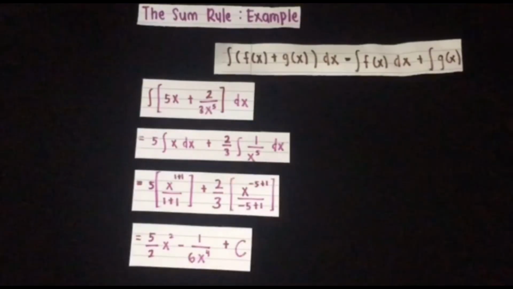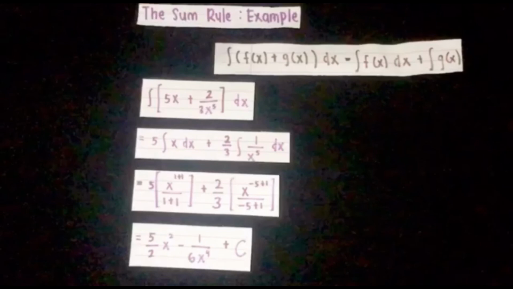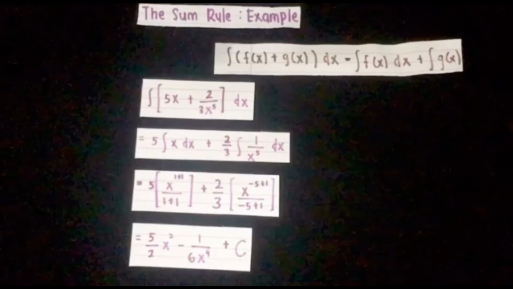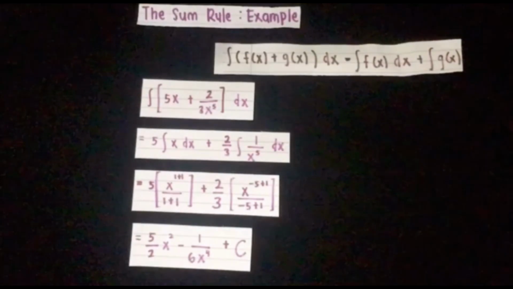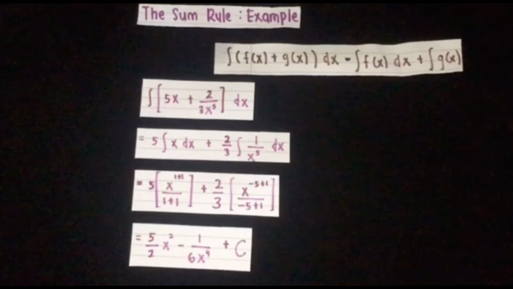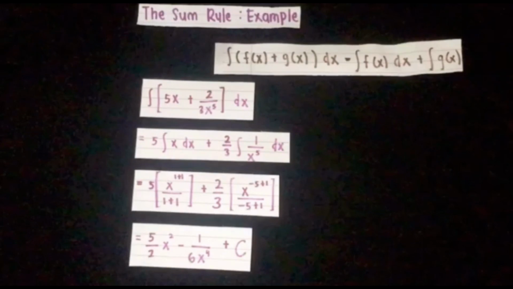Lastly, I simplify the previous step into 5 over 2 x to the power of 2 minus 1 over 6 x to the power of 4, and not to forget the plus c at the back. Thus, the answer will be like this.